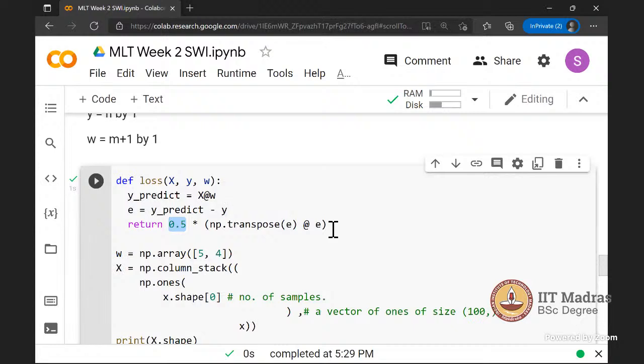It's a practice, only for the sake of convenience, because later when we differentiate the loss function with respect to w, this half gets cancelled out by the 2 that we get after differentiating the square term. Okay, got it.